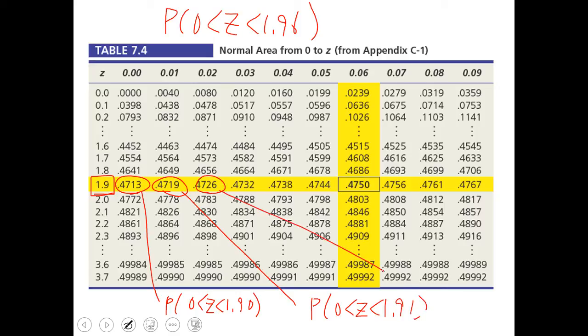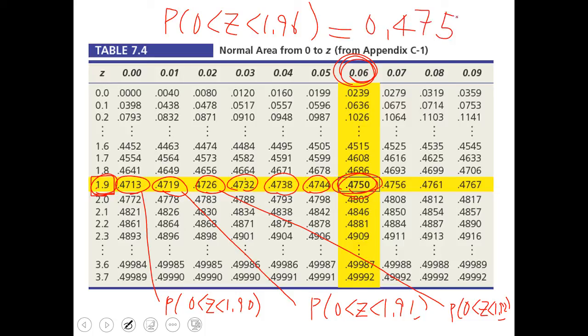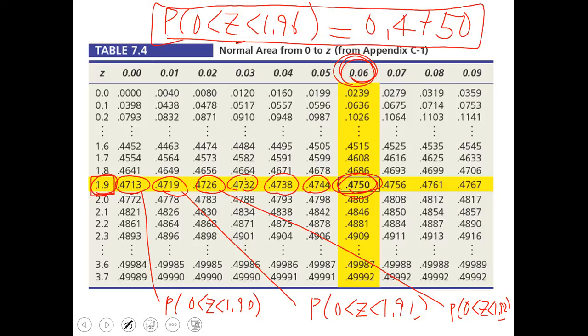This number is the probability that z is between 0 and 1.92, and so on. 1.93, 1.94, 1.95, 1.96. So then we obtain this number. 0.4750 is the probability that z is between 0 and 1.96.